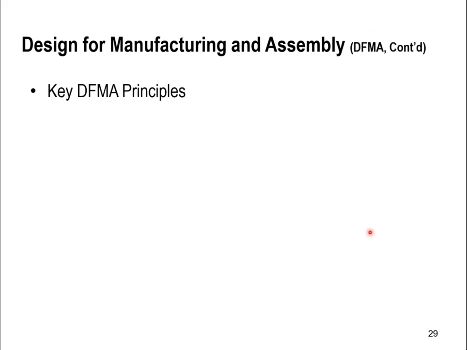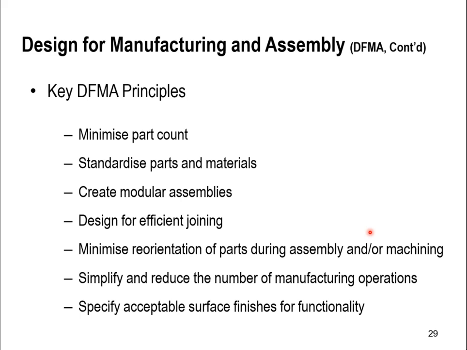So the key DFMA principles are, first, minimize the part count. That's what we saw in the previous example. Standardize the parts and the materials to reduce the manufacturing processes. Create modular assemblies designed for efficient joining. Minimize the reorientation of the parts during the assembly and or the machining.